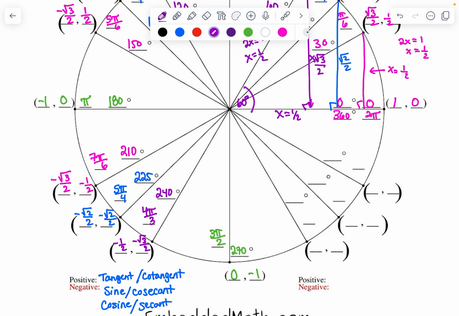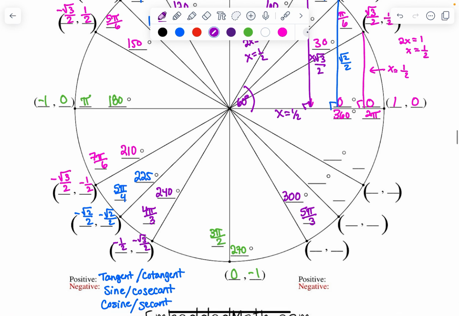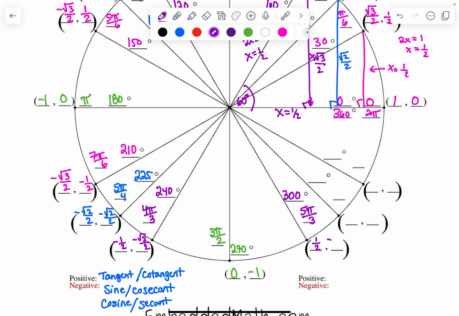But remember, the reference angle here goes to the x-axis. So although we've only gone 30 from 270, it is 60 degrees from the x-axis. So the reference here is the 60 degrees. So 300 degrees, and we're at 5 pi over 3. And so here, in the fourth quadrant, we know the x values are positive. It's the y values that are negative.